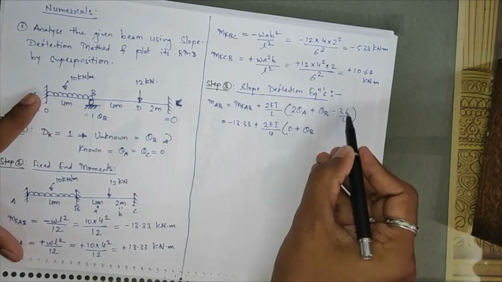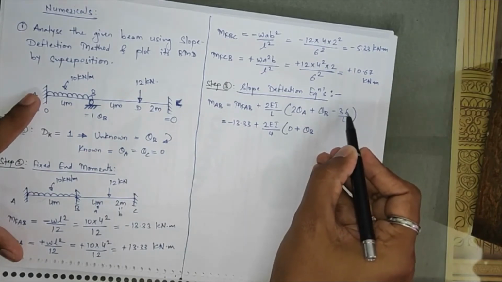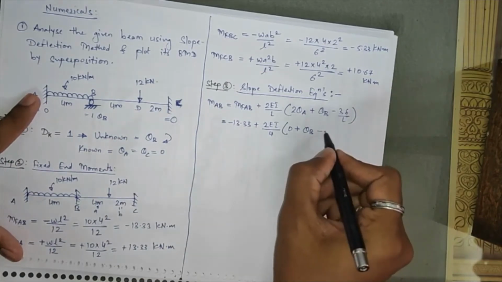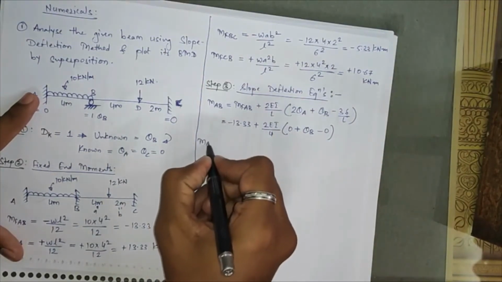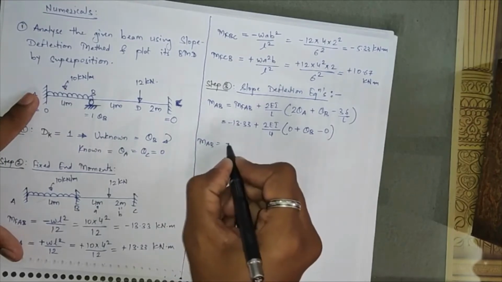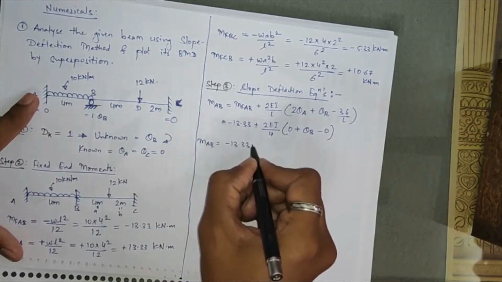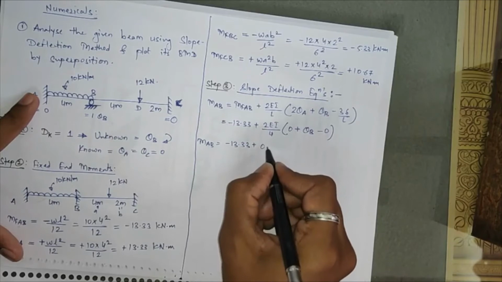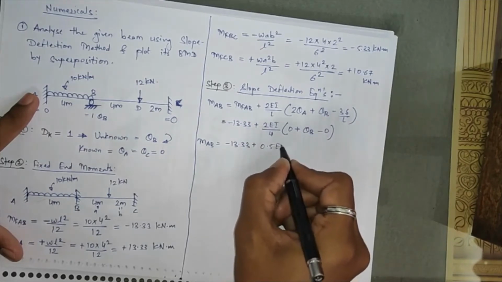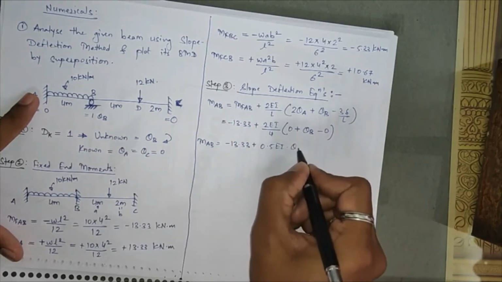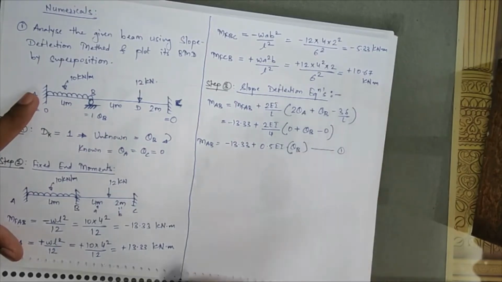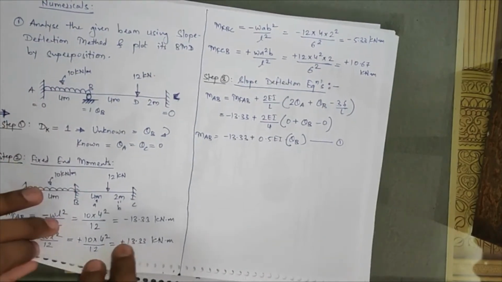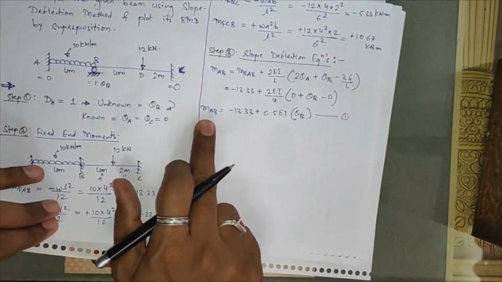So due to that, this complete value will again become equal to 0. So what your equation comes? MAB is equal to minus 13.33 plus 2 by 4, that comes equal to 0.5 EI into theta B. I'll call this equation number 1. That will be our equation for MAB.